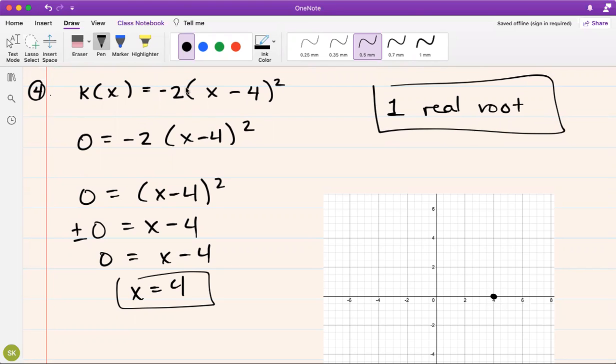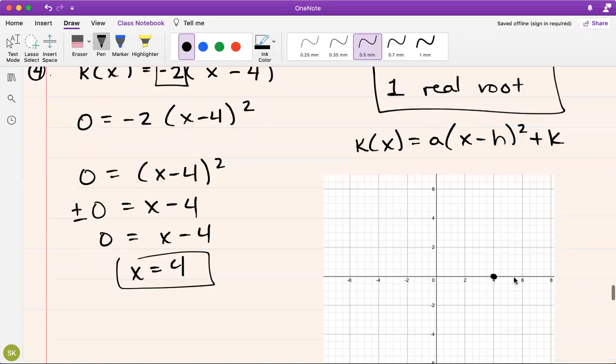This graph is pointing downward. The a here, because this is in the form k of x is a times x minus h, squared, plus k, where this h is 4, this k is 0, this a is negative 2, which tells me I'm pointing downward.